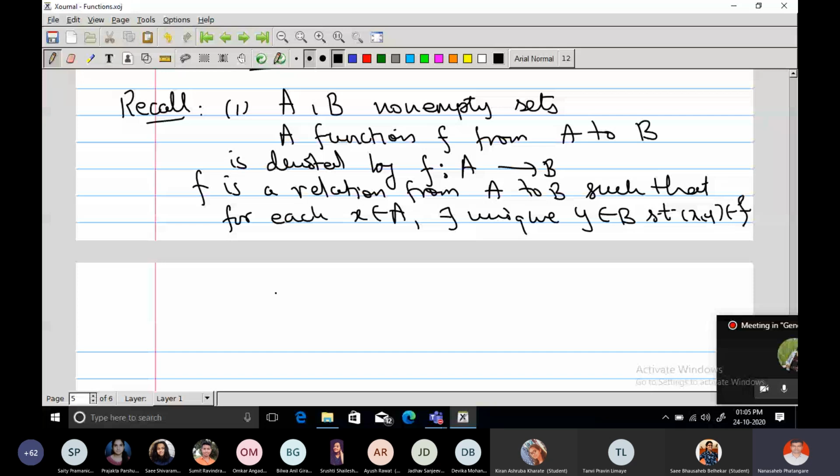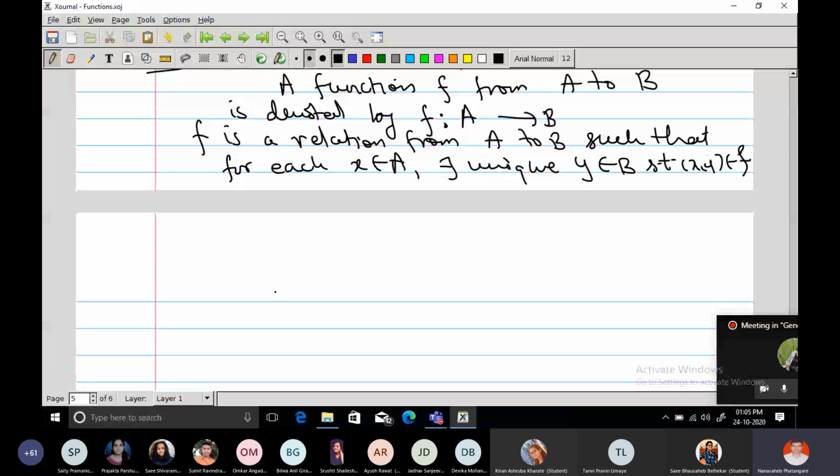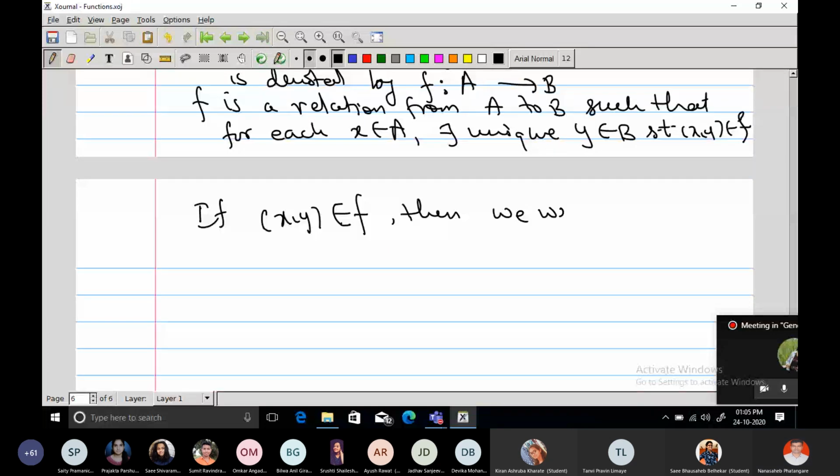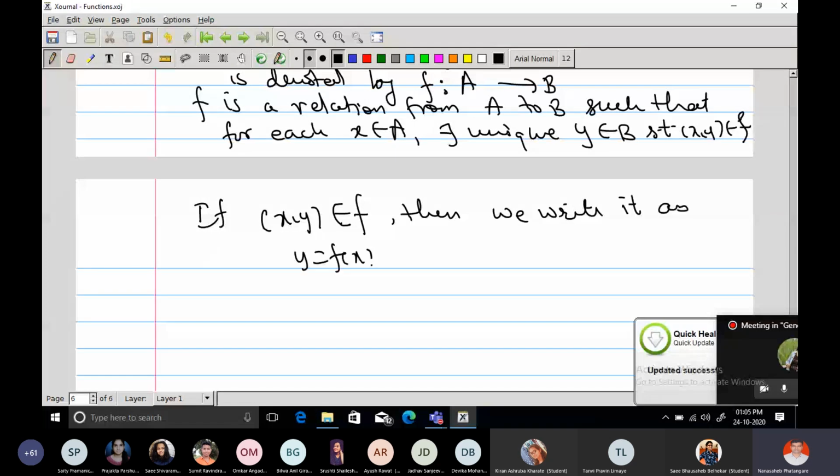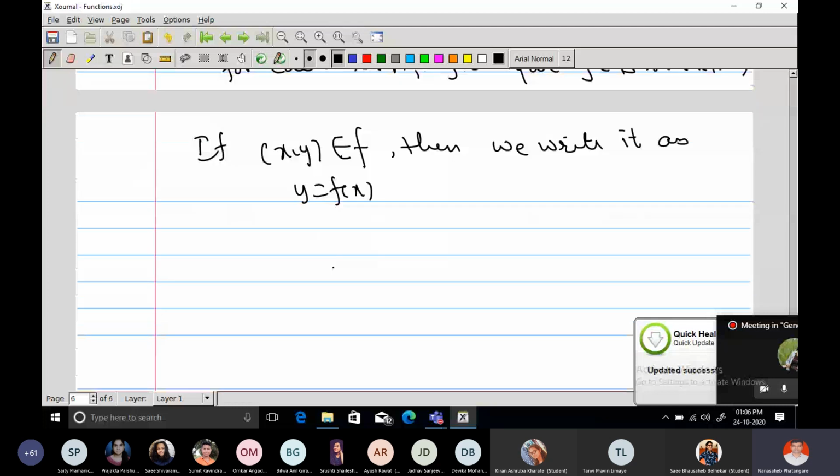Now if the pair xy is in this relation F, which is a function, then we write y = f(x). y is called the value of the function at x. Okay, this is what we discussed.